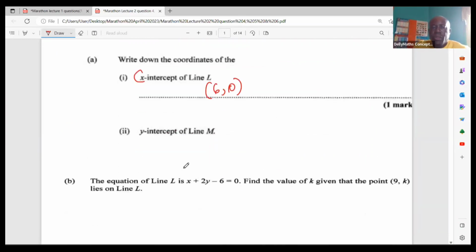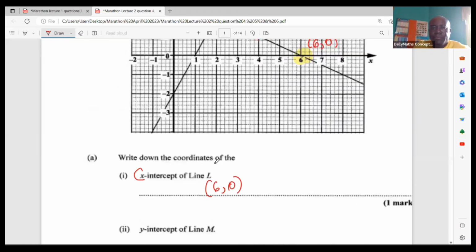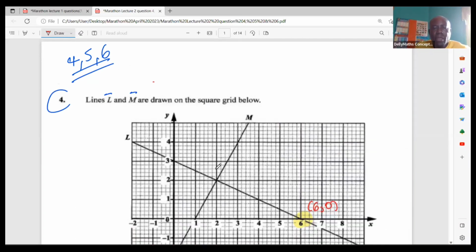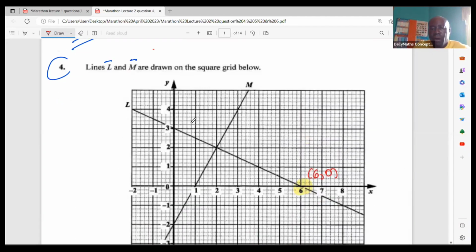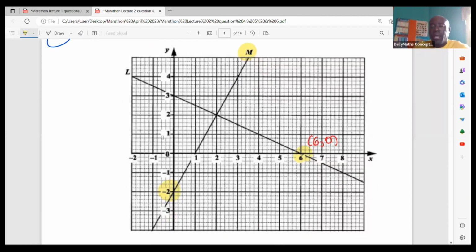All right, we want to know the y-intercept for M. So the line M, we're seeing it. Let me highlight M here. So the y-intercept is right here. Same principle. The x value here is 0, and the y is -2.